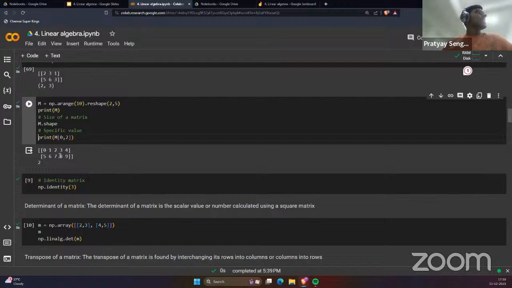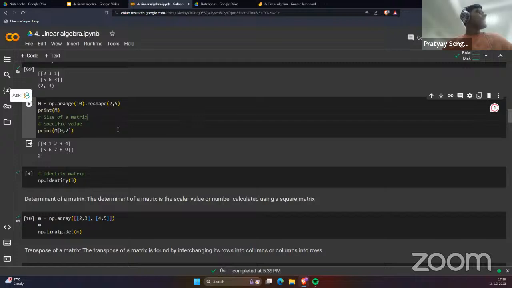So 0 is the zeroth row, and then 2 is the 0 1 2 column. You can get, say, 1 3. So what will be the output of 1 3? Can anyone put it on the chat?